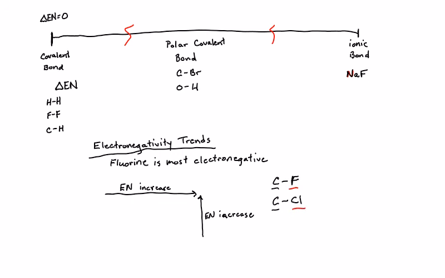So we know that fluorine is more electronegative than chlorine. How do we know that? Because fluorine is above chlorine on the periodic table. So therefore, the CF bond is going to be more polar because the fluorine is going to be further away from the carbon than the chlorine was in terms of electronegativity. Whereas the carbon-chlorine bond would be less polar.